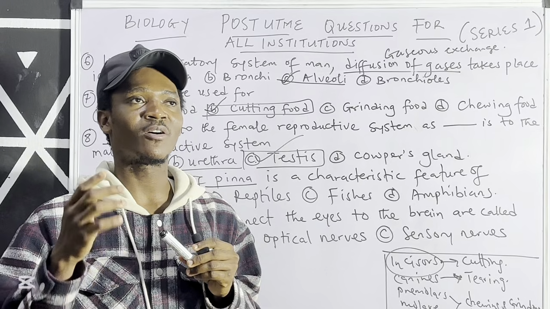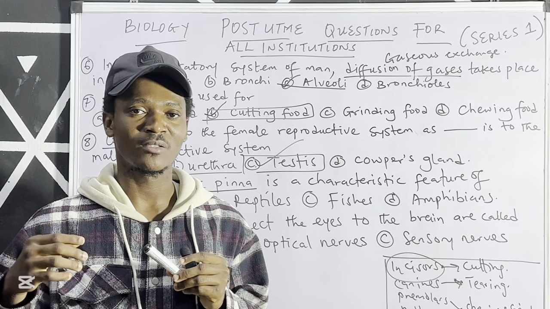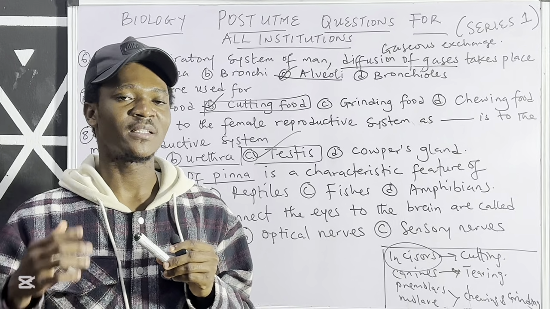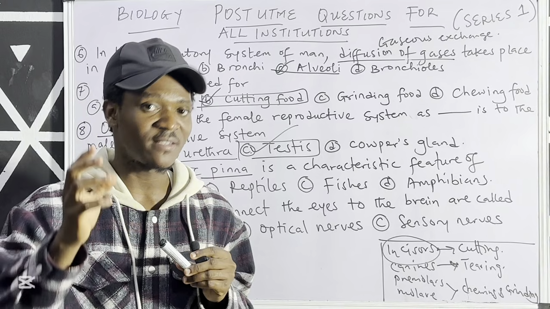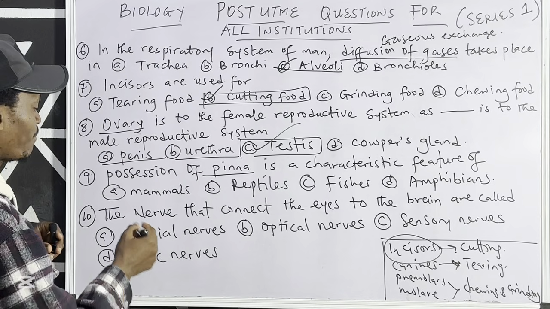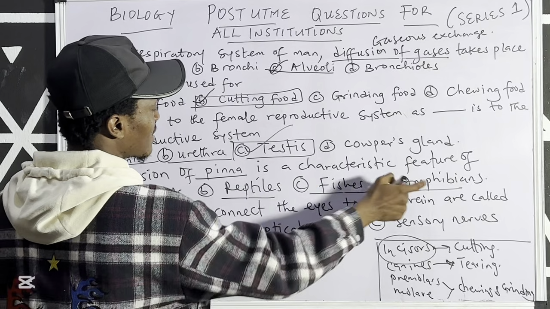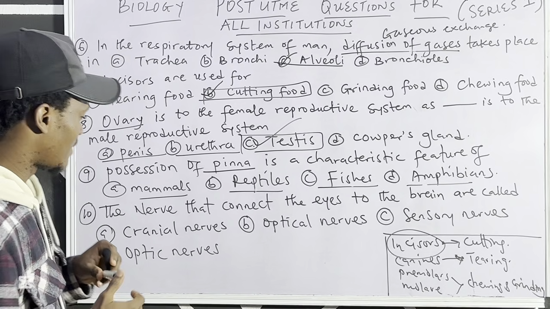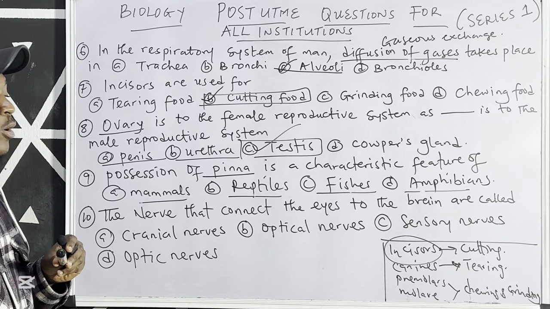Now, in what organisms can you see the pinna to be obvious, to be visible? It's actually the mammals, because mammals have an outer ear that is obviously seen. Reptiles, fishes and amphibians don't have an obvious pinna. It is only the mammals that have the pinna, which is the outer ear or external ear.